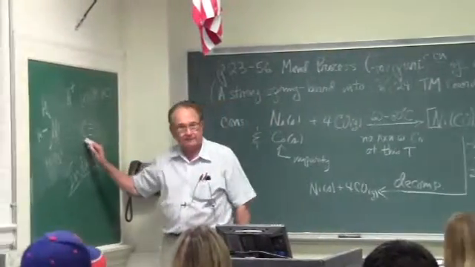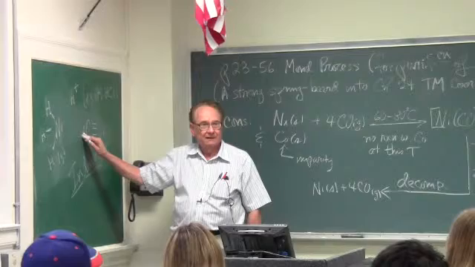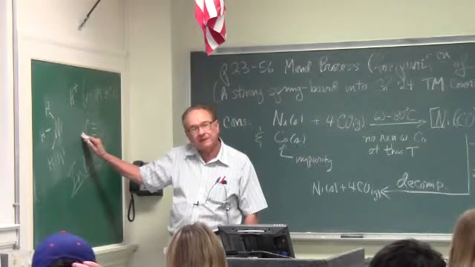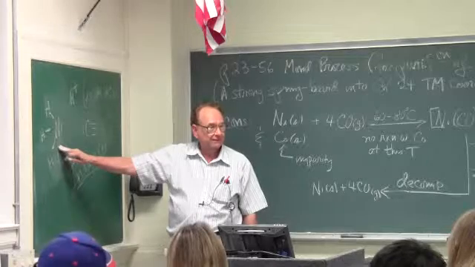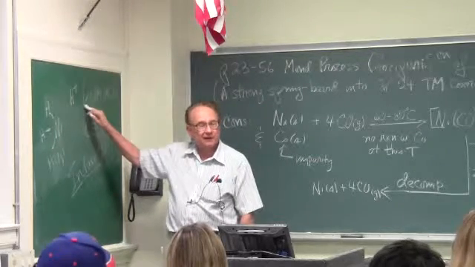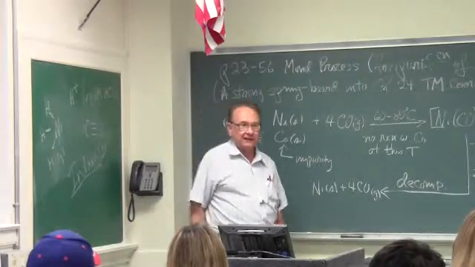Carbon monoxide, as a sigma donor, has shown itself not to be particularly strong. Couldn't even compete with ammonia when it came to H plus gathering. But now we're talking about a reaction with nickel metal.